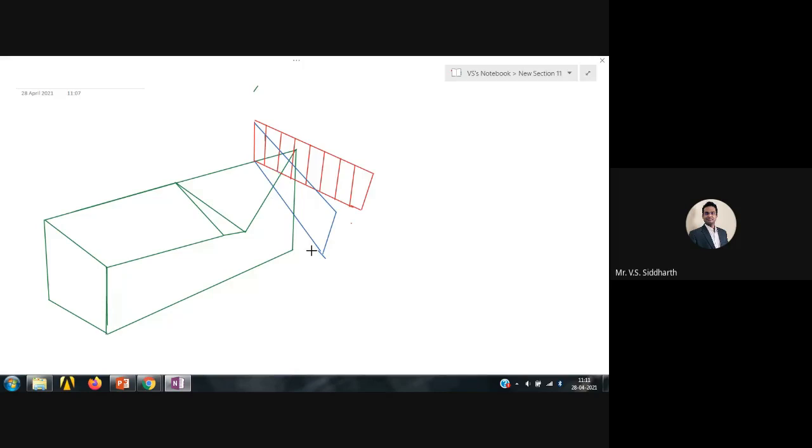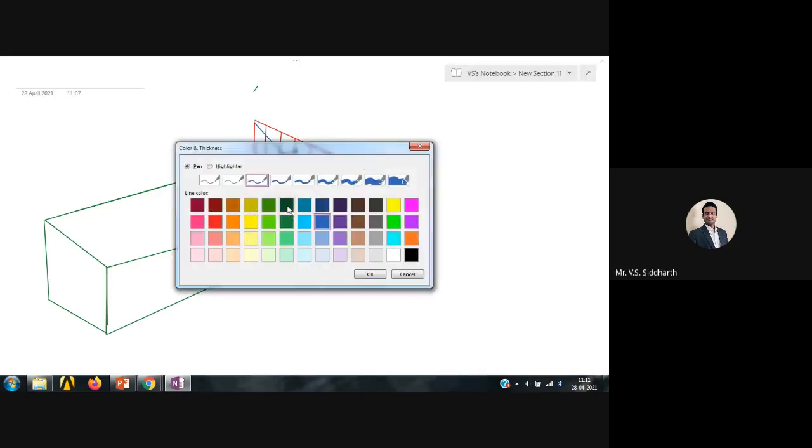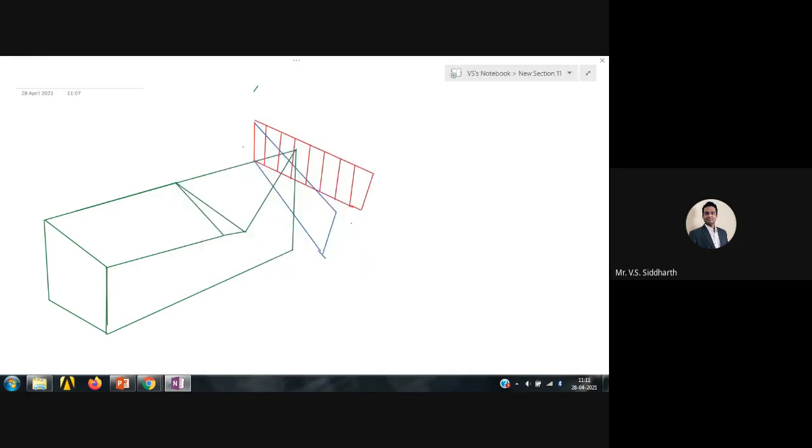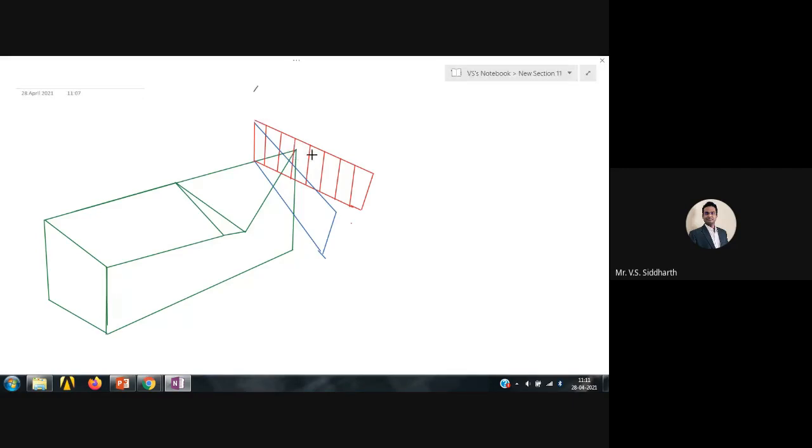I'm not drawing the lines because it will create more confusion. This is the reference plane. Okay.